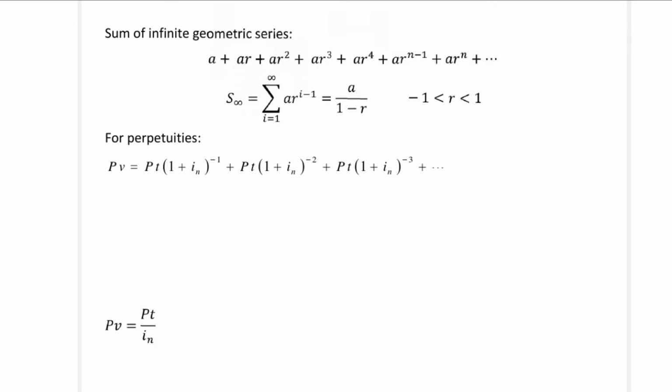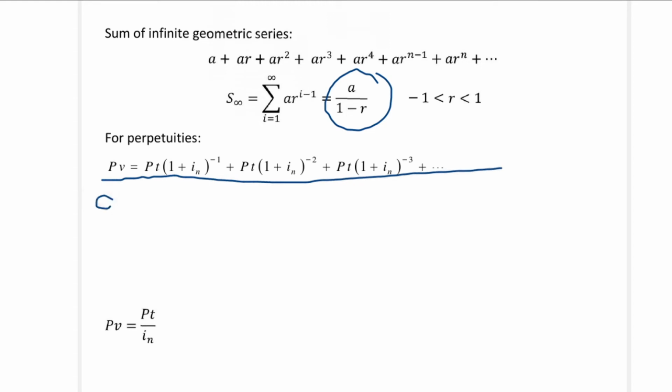Okay, and then on this slide we are looking at perpetuities. If we are interested in the sum of an infinite geometric series, so there's no specific endpoint, then the sum of an infinite geometric series is given by A over 1 minus R. So in paragraph 3.10, the expression for the present value of a perpetuity was given by this expression here.